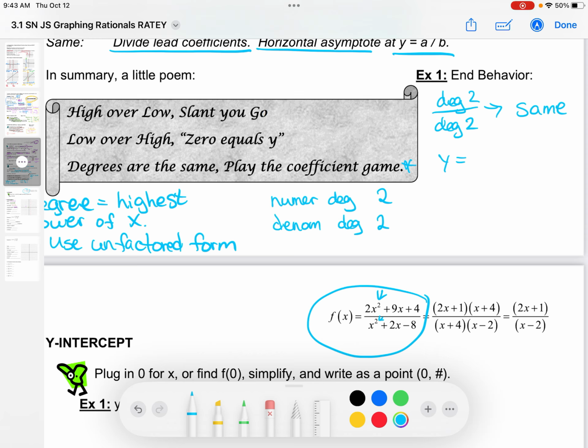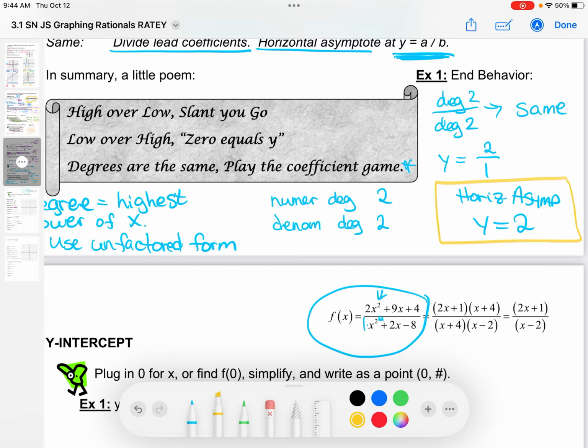So with those being the same, we do y equals a over b, a being the lead coefficient on top, that's 2. B, the lead coefficient on the bottom, that's 1. And so that coefficient game gives us a horizontal asymptote at y equals 2.